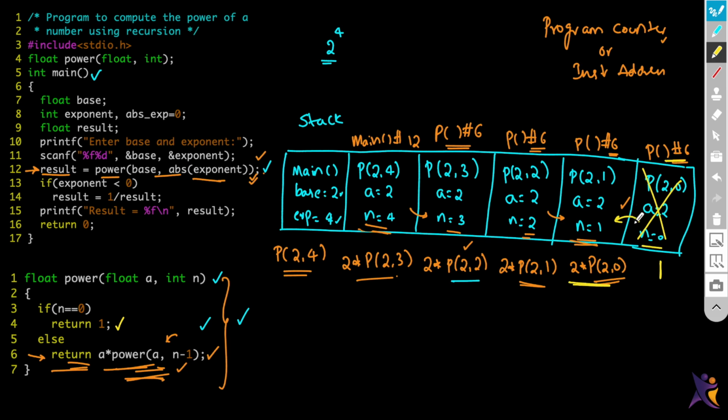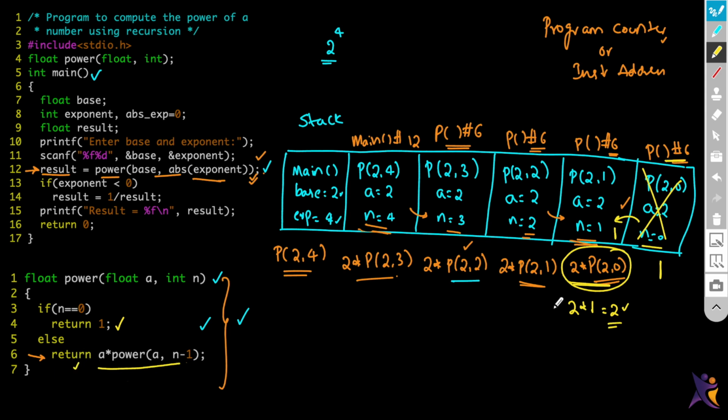Since it has returned 1, this value will be substituted in place of P of 2 comma 0. So my value in this record will be 2 into 1, which is equal to 2, right? So the value of this expression is evaluated as 2. After evaluating this value, we have a return statement, right?